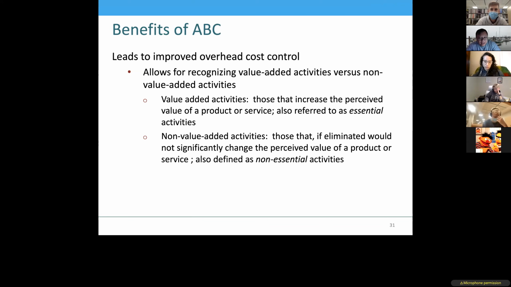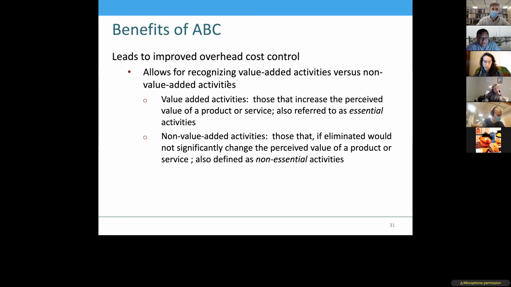You want to make sure that all the overhead costs are necessary, not unnecessary cost. So when you have this ABC costing system, you are able to recognize the activities in two categories: value added versus non-value added activities.